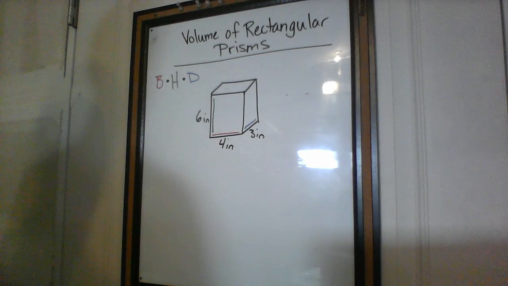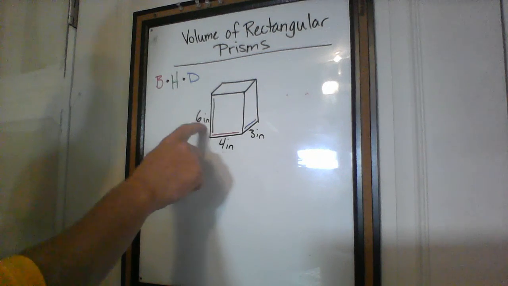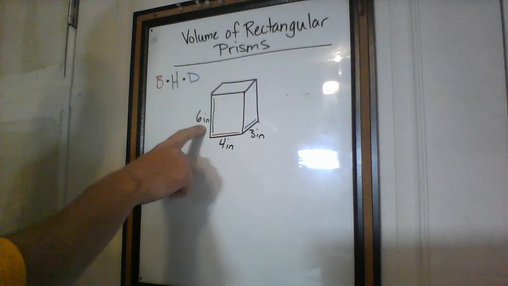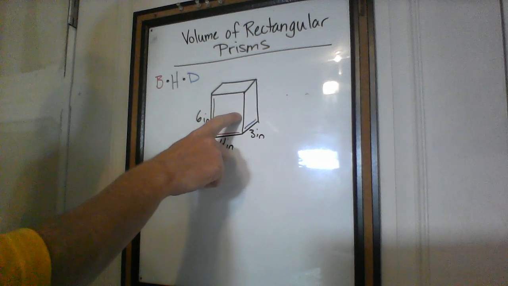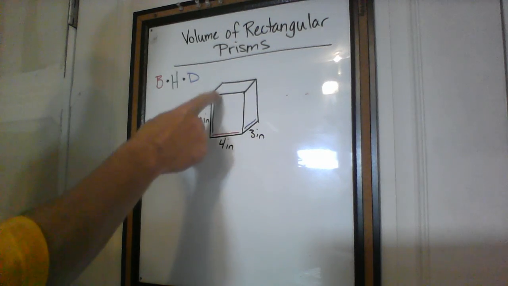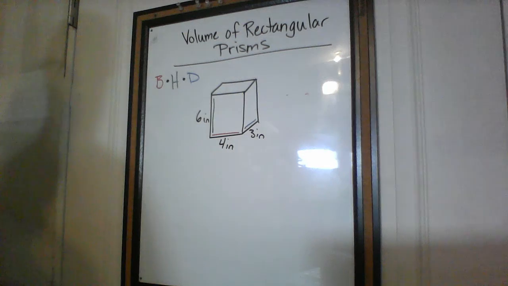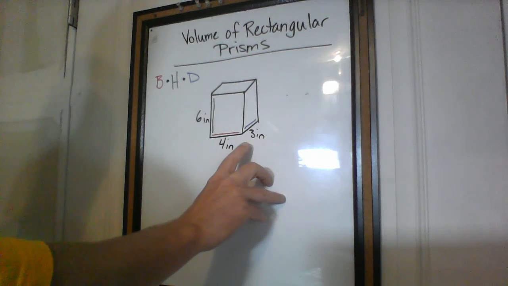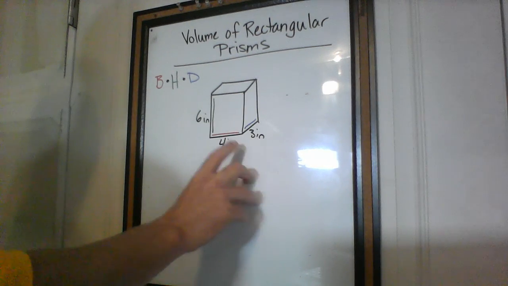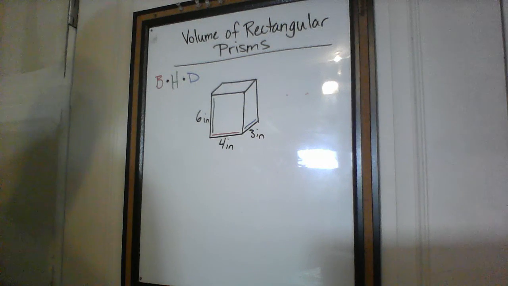Now, obviously, as we're looking at this rectangular prism, our height can be here and it can be here. And then there's the line that we cannot see that's on the backside. So height is still vertical. Base is still going horizontal in the front, but the depth is the one that kind of looks like it's going back.